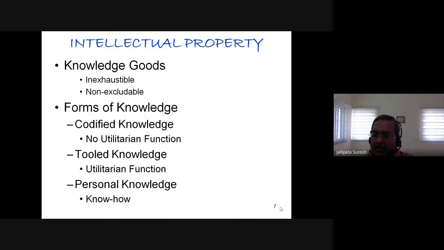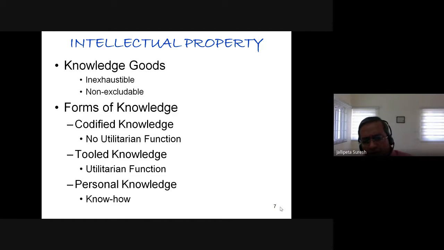That is, if I make and sell one football, I can also make and sell n number of footballs using that idea that I have in mind. So therefore, it is a non-excludable idea. So these are the two important characteristics whenever we talk about intellectual property.